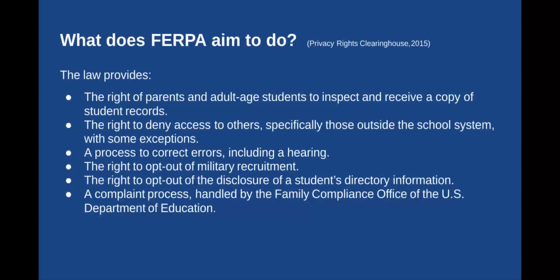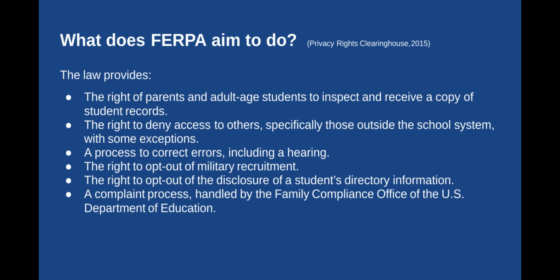FERPA provides the right of parents and adult age students to inspect and receive a copy of their student records. It also provides the right to deny access to others, specifically those outside the school system. There is an exception there, but we'll talk about that pretty soon. It also provides a process to correct errors, like I mentioned before. It also provides the right to opt out of military recruitment and opt out of the disclosure of a student's directory information.